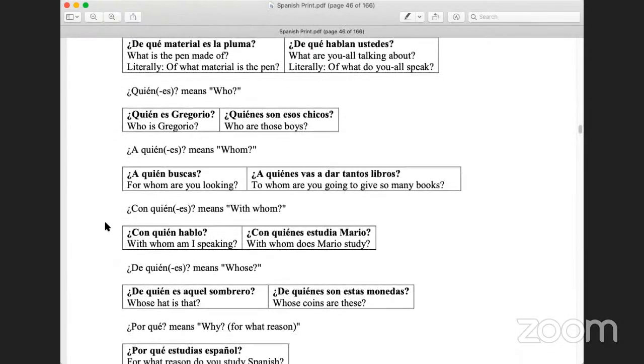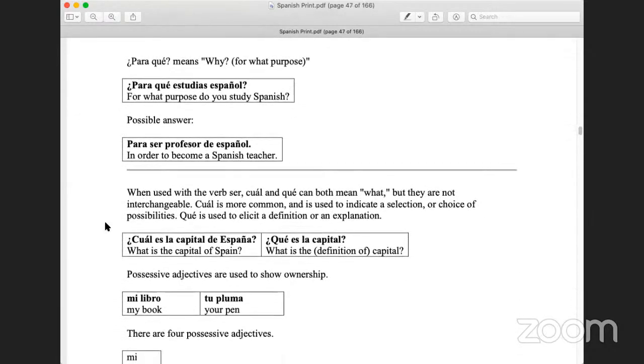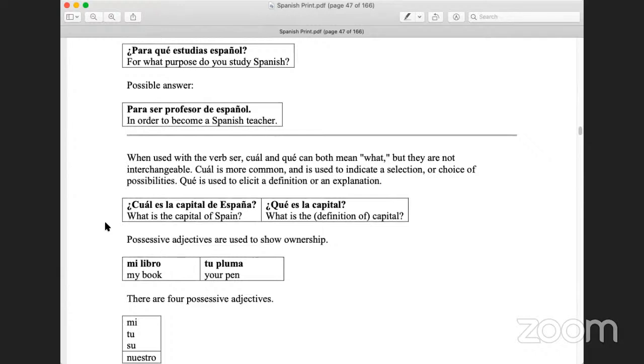All right, so let's pick up where I left off. When used with the verb ser, cuál and qué both mean what, but they are not interchangeable. Cuál is more common and is used to indicate a selection or a choice of possibilities.